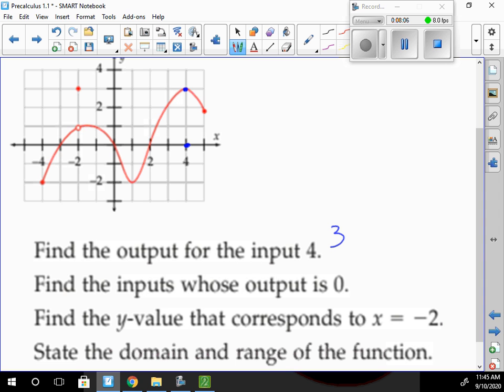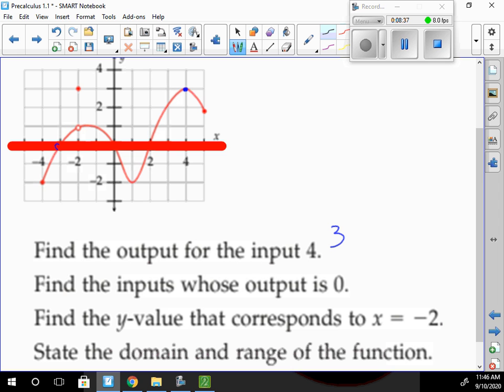Find the inputs whose output is 0. So when my y is 0, what went in to make that y 0? So if I draw a line through 0, y equals 0, let's look at all the places my red graph crosses my red line.